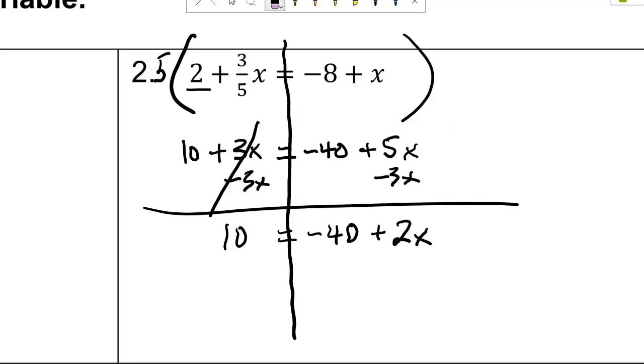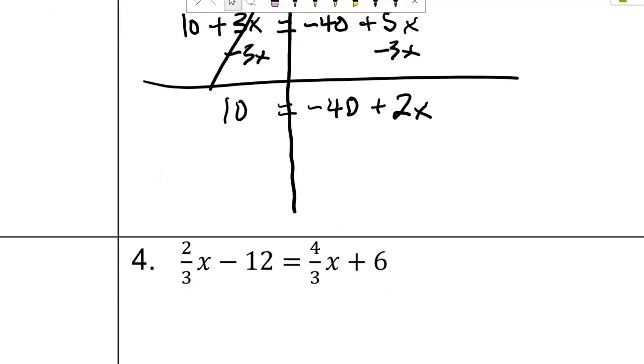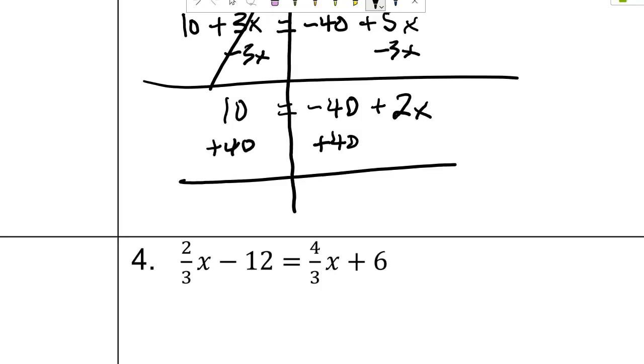All right, now we want to get the x on its own. So let's get rid of this simply by adding 40. If I add 40 there, got to add 40 here. That simplifies to 50. So now we're going to divide by 2, and we'll get x equals 25.